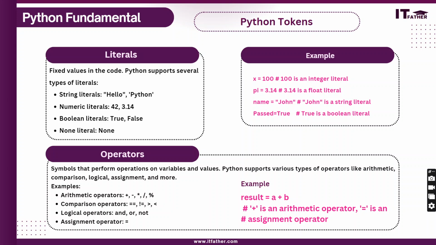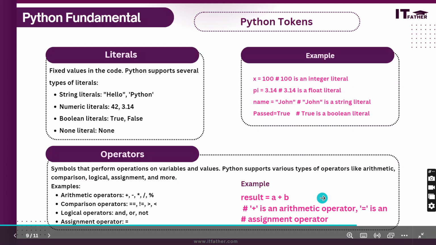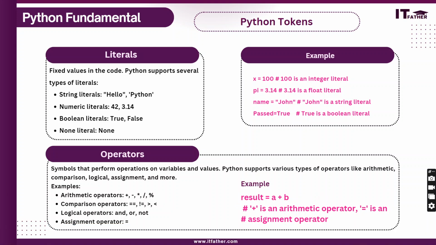Now we come to operators. What are the operators in Python? Operators are special symbols which are used to perform special operations on given operands. Operand means the given values, right? For example, result equal to a plus b is given here. In result equal to a plus b, the equal sign and plus symbol are both operators. a and b are both operands, and the value after processing is going to be stored into result, which is a variable.